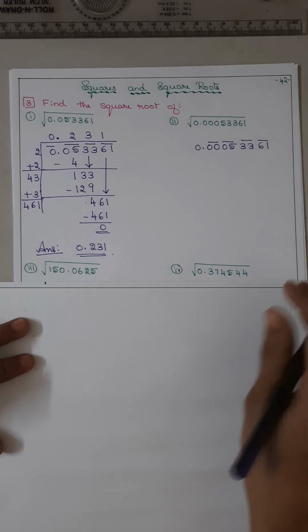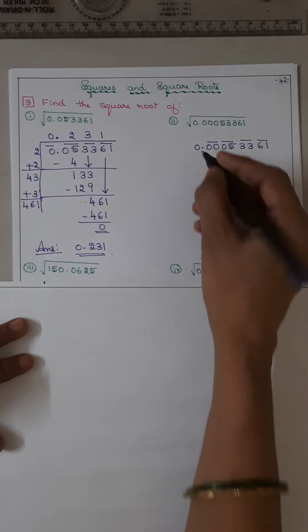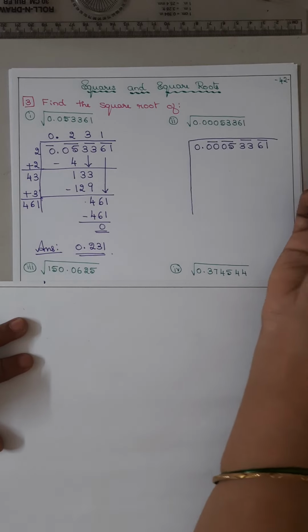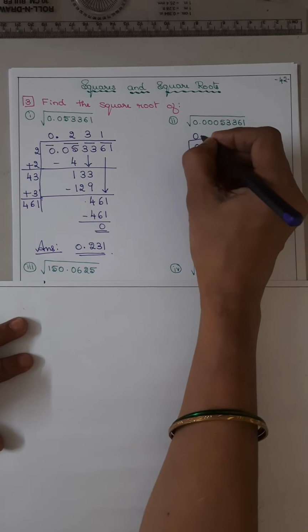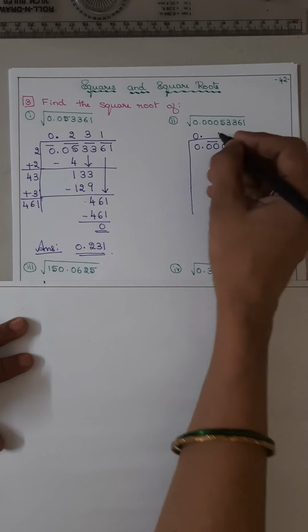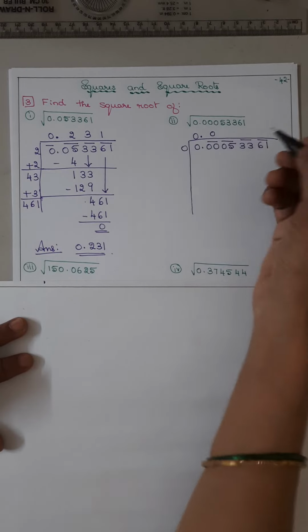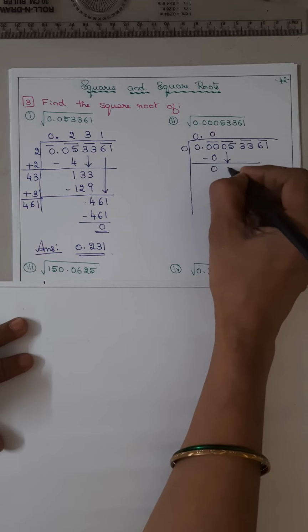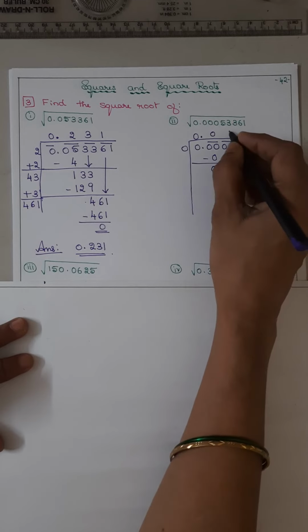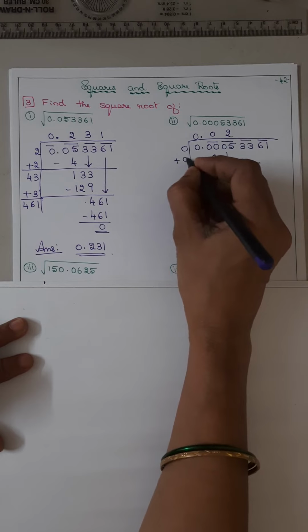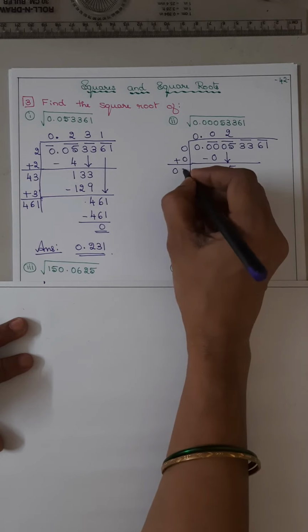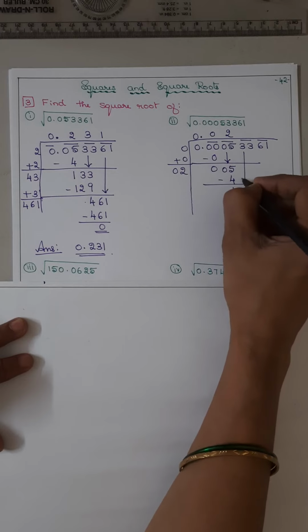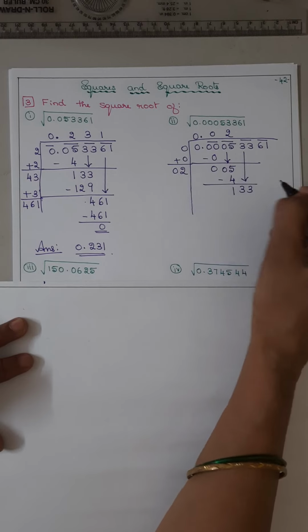Group it from left to right. Now put the lines. 0.0 means 0. Bring 05 down. It is 2. Add 0. 2 2s are 4. 1. Bring 33 down.